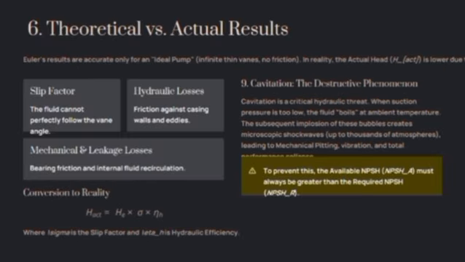Theoretical versus actual results. Euler results are accurate only for an ideal pump with infinite vanes and no friction.